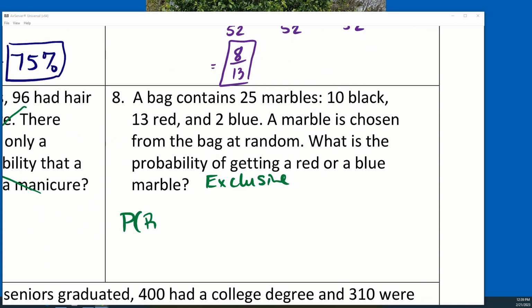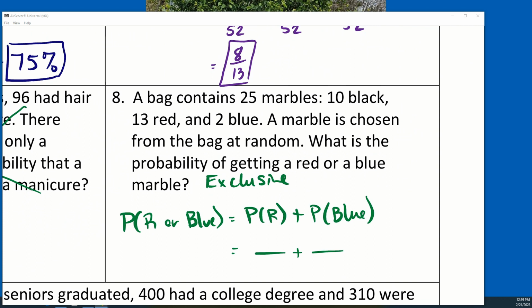So we want the probability of a red, or I have to write out the whole word blue because black also starts with a B. So all we do is add the probability of a red plus the probability of a blue. What should my denominator be? 25, the total number of marbles in the bag.